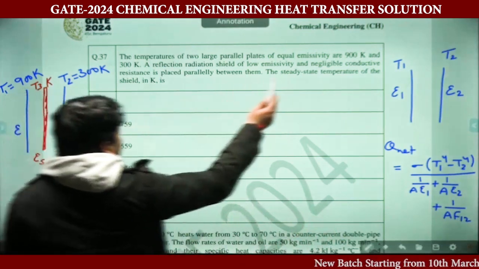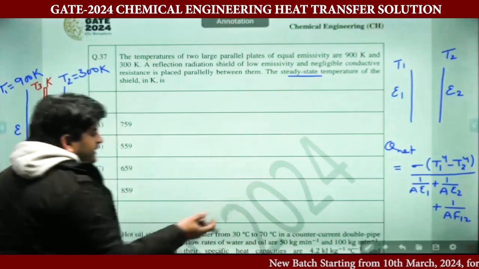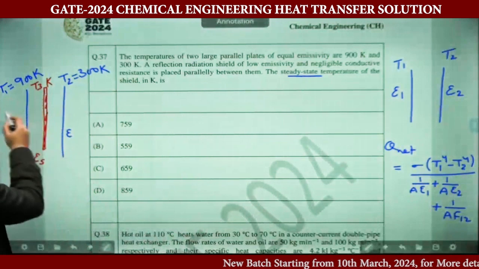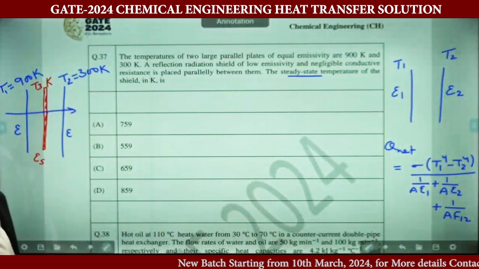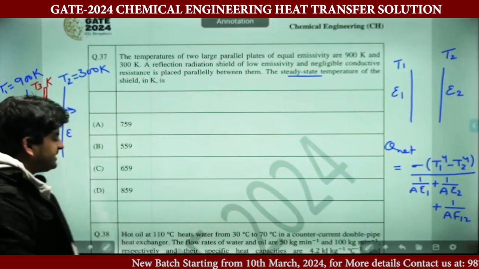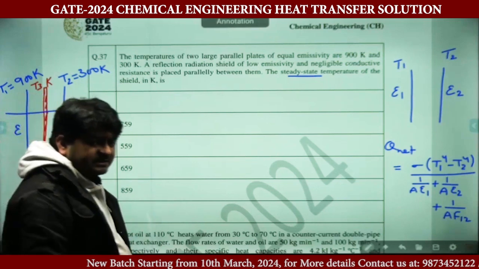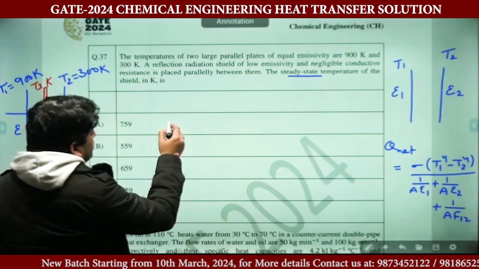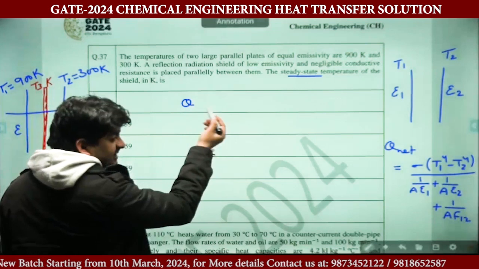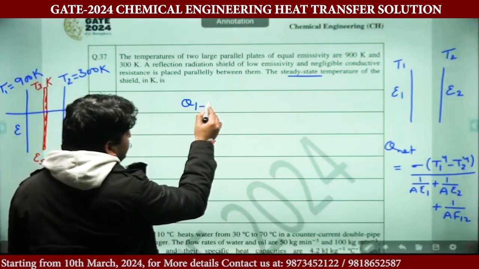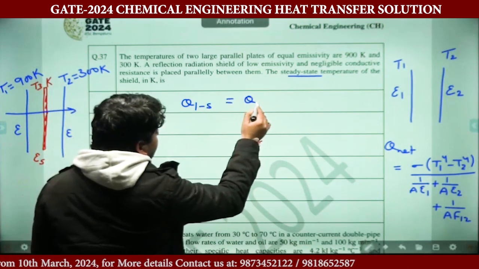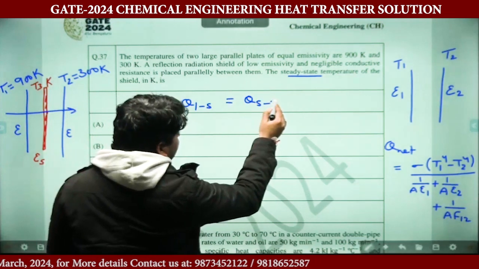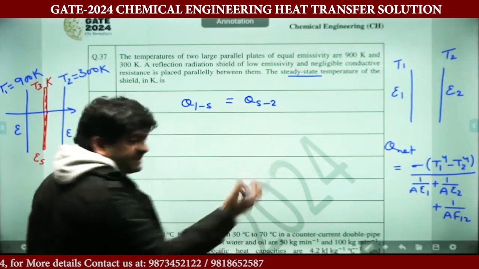So at a steady state as given, we know that the rate of heat transfer across the arrangement will be constant, since area is also constant. So we can say that the heat transfer rate between the first plate and the shield and the heat transfer rate between the shield and the second plate will be same.